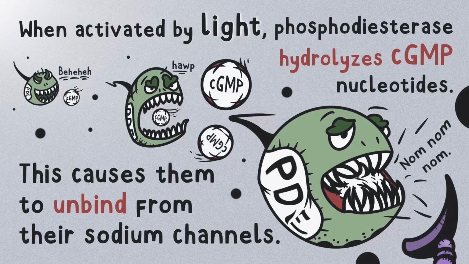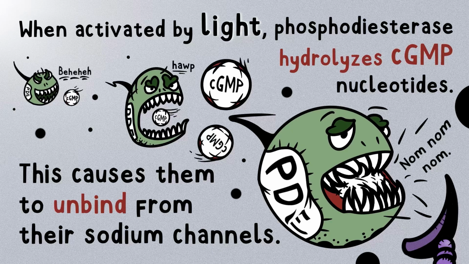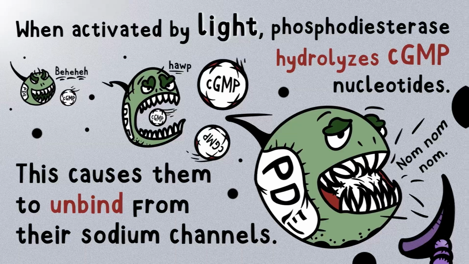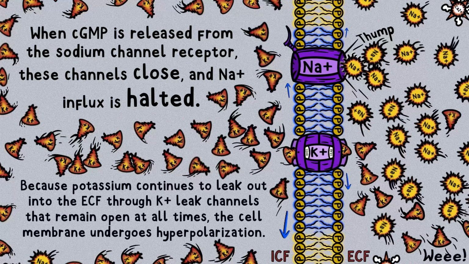However, when activated by light, PDE hydrolyzes cyclic GMP, causing it to unbind from the sodium channels. When cyclic GMP is released from the sodium channel receptors, these channels close and sodium influx is halted.